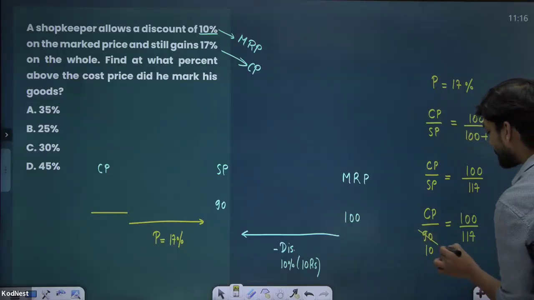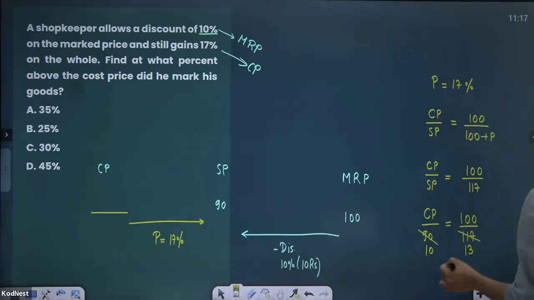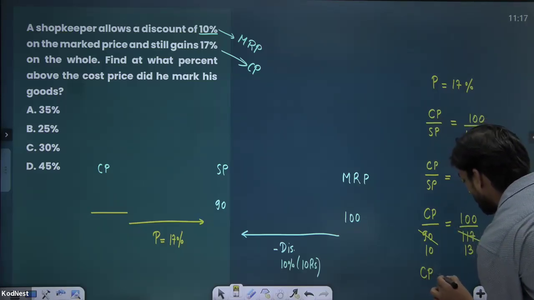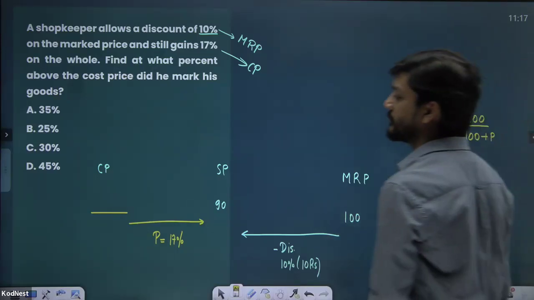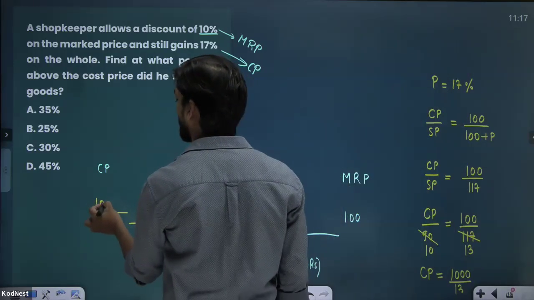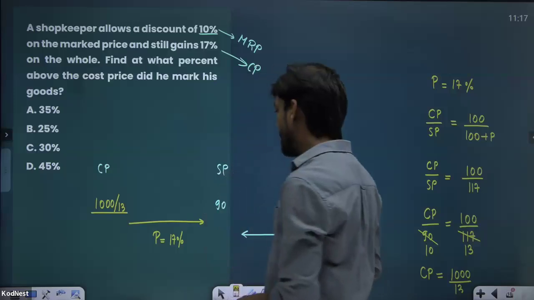9 into 10, 9 into 13. So cost price comes out as 1000 by 13.